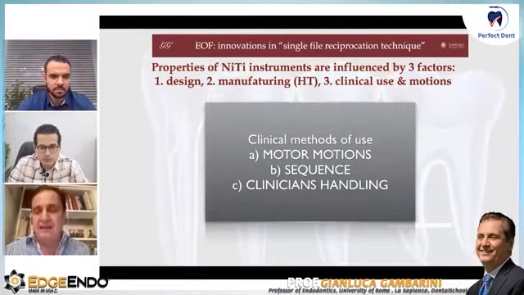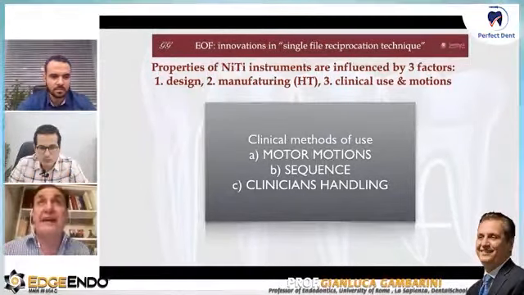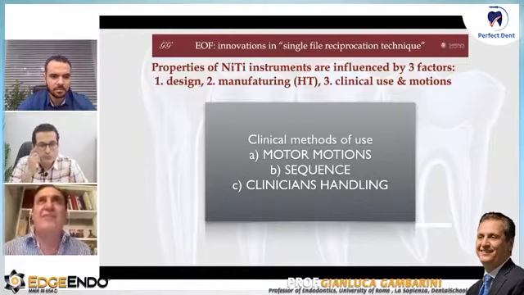Now, I explained last time a little bit about a technique to reduce instrumentation stress in the apical part, and this technique also improves irrigation a lot. So I totally agree about the importance of irrigation, and actually my technique is the technique that brings more irrigation than any other technique.